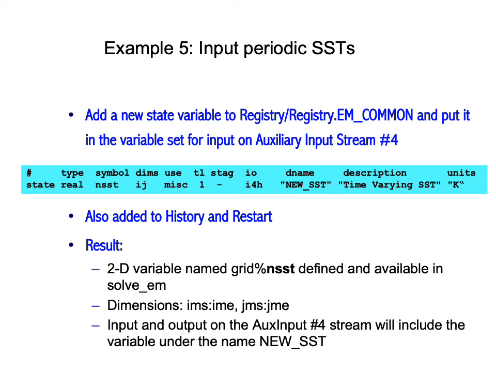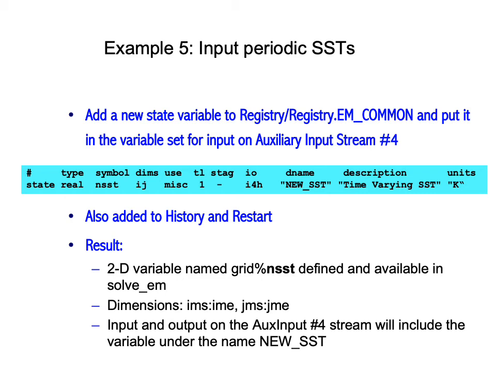The name of the variable inside of the netCDF input and the netCDF output file is going to be new_SST, not a very tricky name. The description is the time varying SST and the units are kelvins. Again, the description and the units are not anything that is used internally by the WRF model.